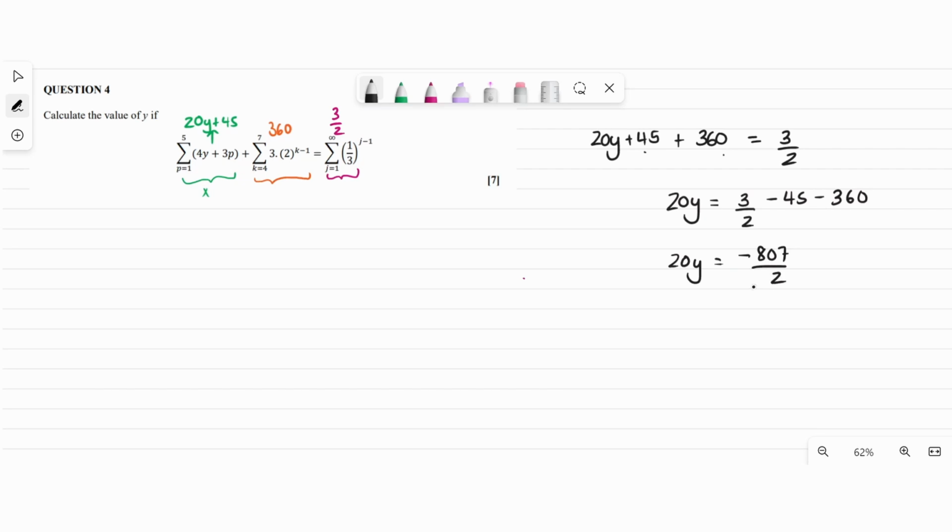Now we want to get rid of the 20, so divide both sides by 20. So y is going to be equal to negative 807 divided by 2 divided by 20, because it went from multiplication to the other side, it becomes division. Therefore, y is going to be equal to negative 20,175. Then you're done with number patterns.